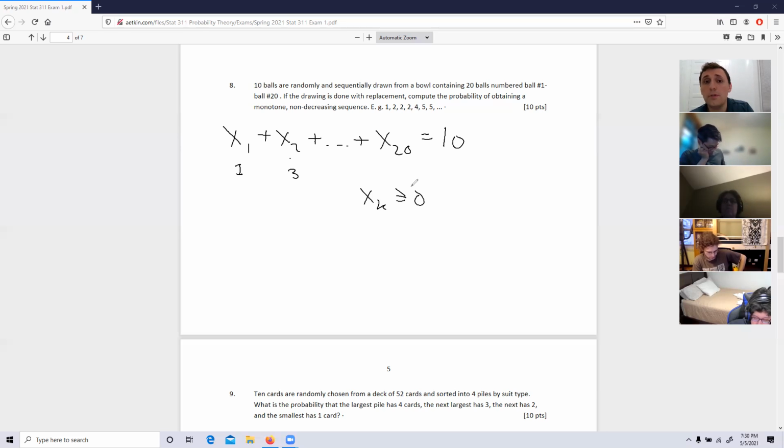So the number of monotonic non-decreasing sequences is equivalent to the number of solutions to this equation. You agree? Each solution is just what x1, x2, x3 are. It tells me how to arrange it to be a success. Since I have 20 types and 10 balls, I should have 19 divisions. So it's 10 plus 19 divisions, choose 10, where they're located.